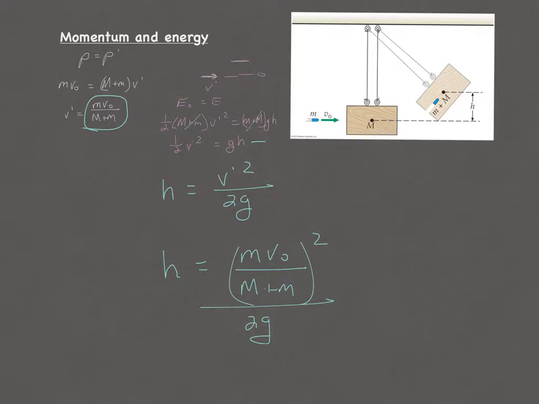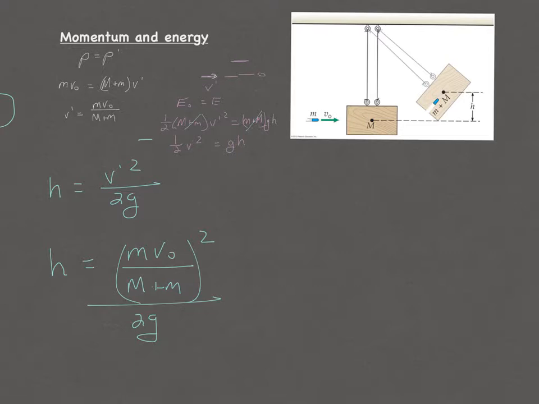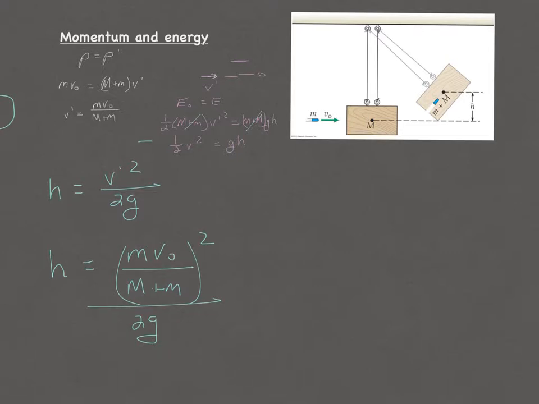Now, this is not the nicest looking proof here. So if this was an AP exam, they would probably give us more information such that maybe the big block is 4 times greater than the mass of the bullet. And then we can substitute that into here. So we'd have little m times v naught, and that's all squared. And here we'd have 4m plus little m, over the 2g.